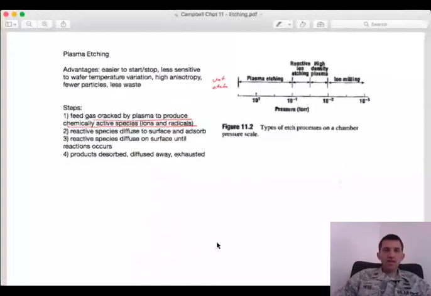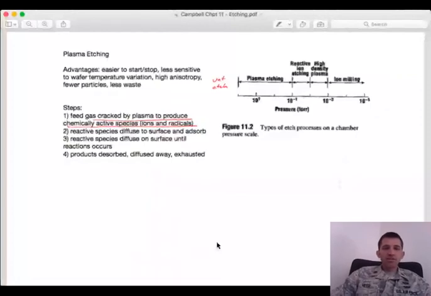And so what the plasma ions do is they provide that energy to break up these bonds and create these reactive species, which can then form this lower energy bond. So it's kind of like priming the pump or seeding the reaction a little bit by adding these ions that can create these free radicals through collisions.